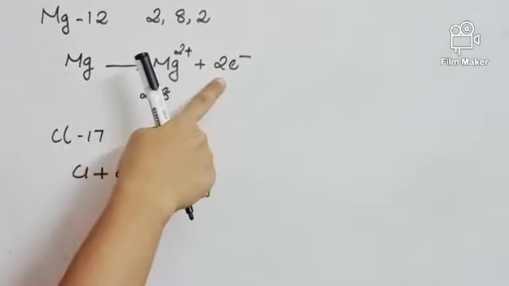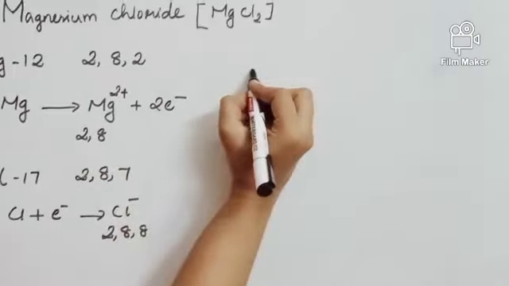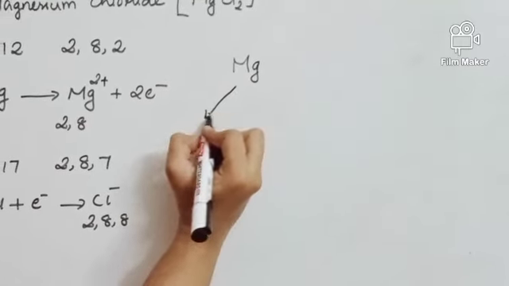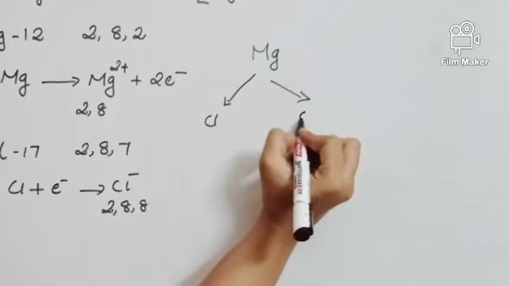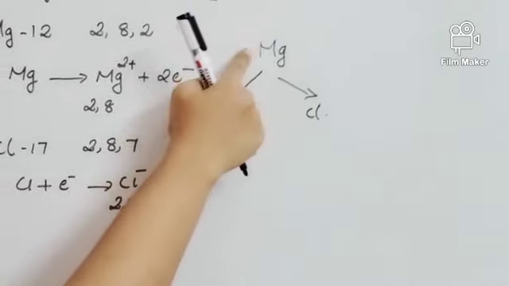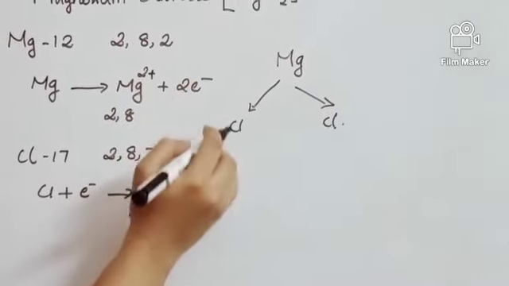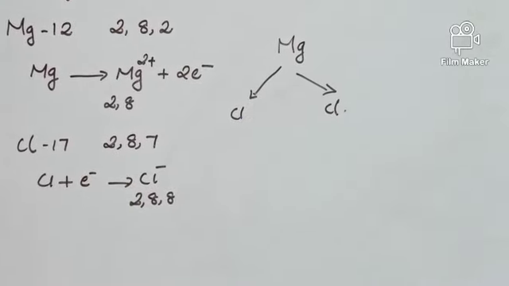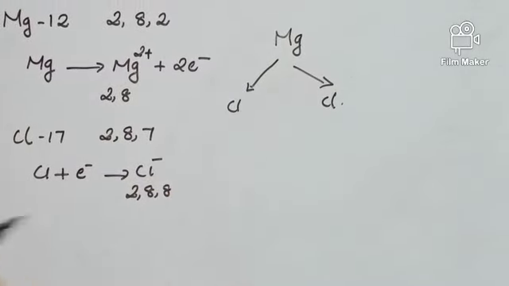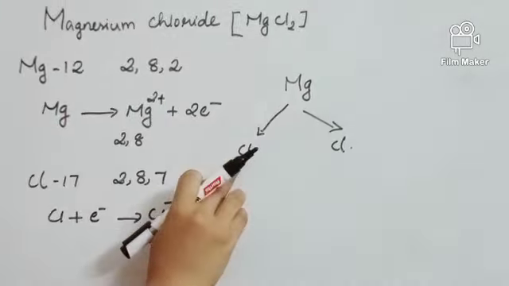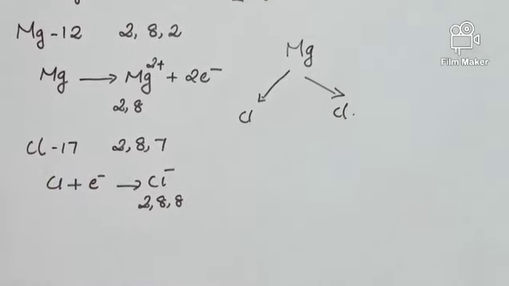Here, magnesium has 2 electrons to lose, whereas chlorine can accept only 1 electron. That means this magnesium atom can transfer 1 electron each to 2 different chlorine atoms. So one magnesium atom can combine with 2 chlorine atoms, because one chlorine atom can accept only 1 electron, whereas magnesium has 2 electrons to donate. So magnesium can give 1 electron to one chlorine atom and another electron to another chlorine atom. That is how this reaction will take place.